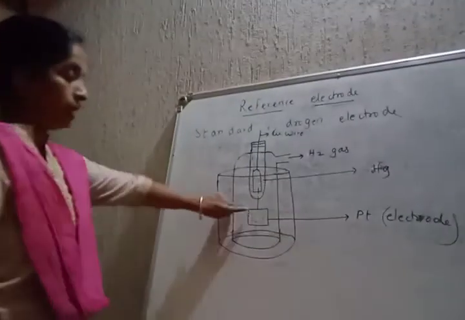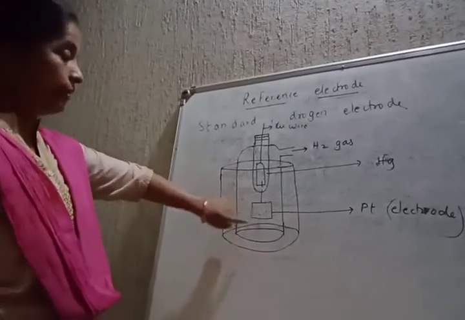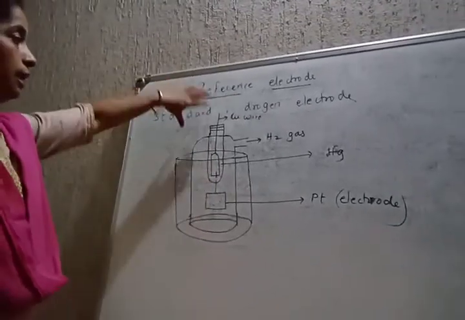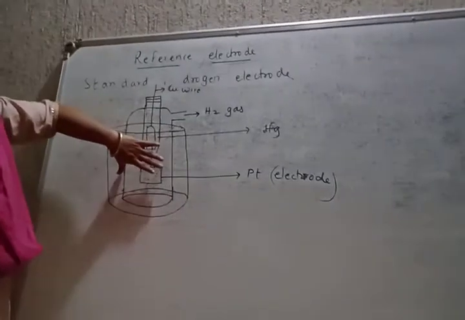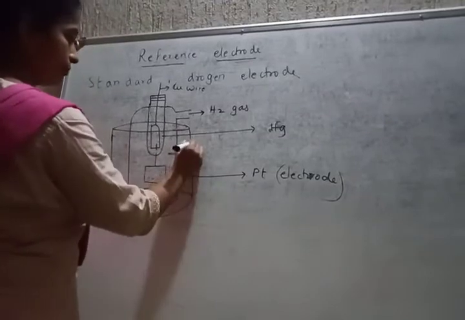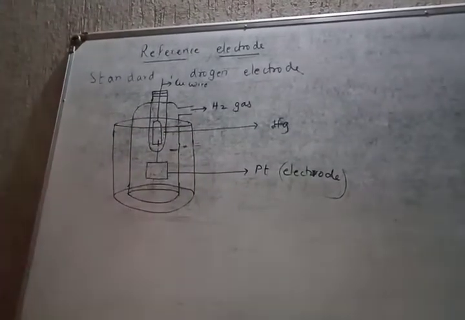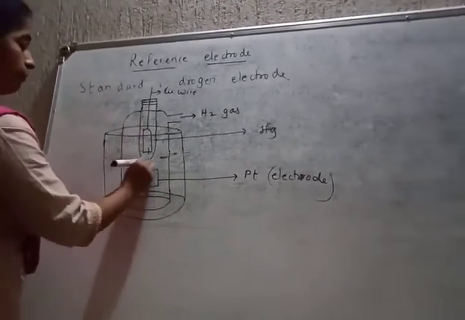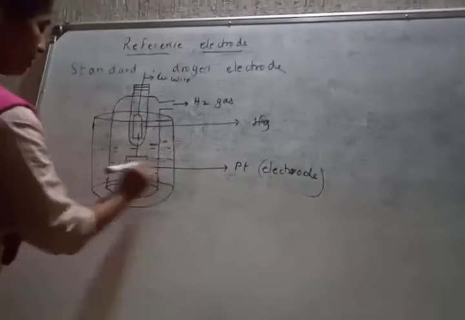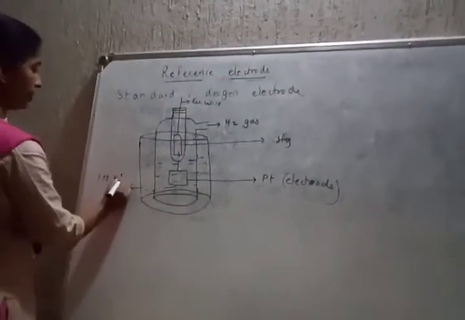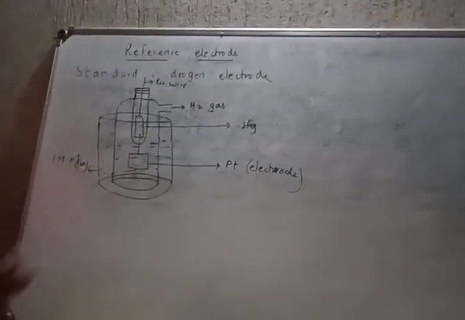Look here. A platinum plate coated with platinum black. A wire is attached, made to pass through a U-shaped tube. The U-shaped tube is surrounded by a jacket through which hydrogen gas is bubbled. Then this jacket along with the platinum plate is placed in a container containing 1 molar hydrogen ion concentration.